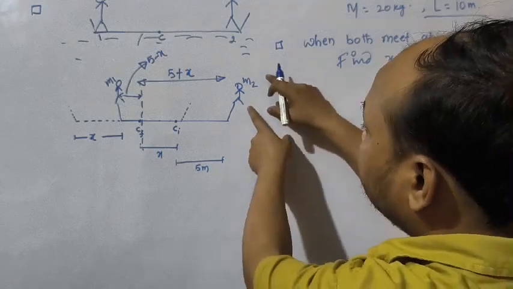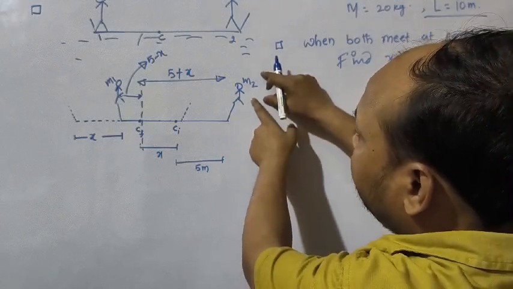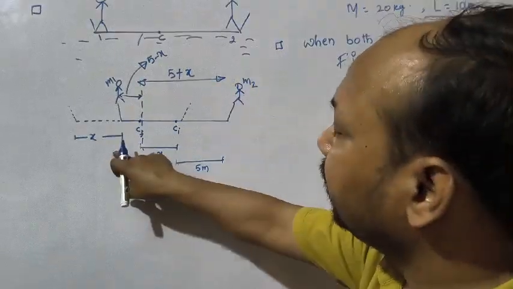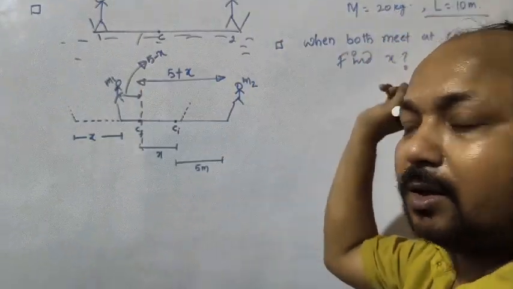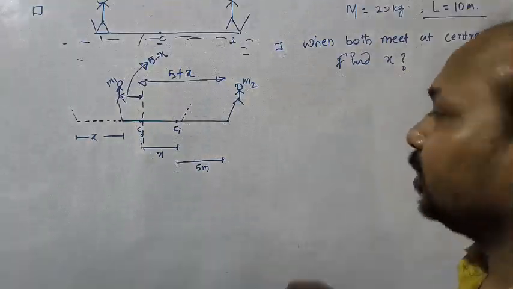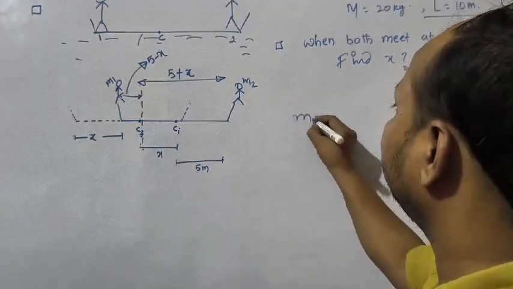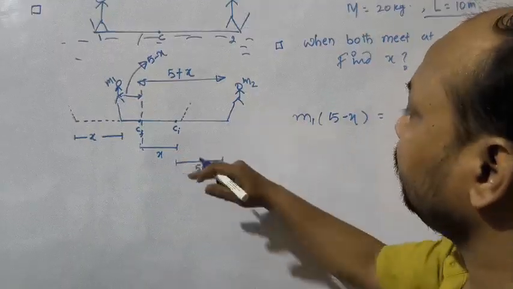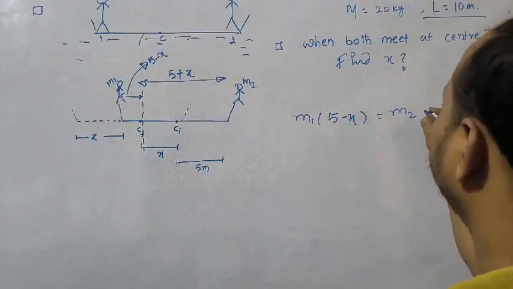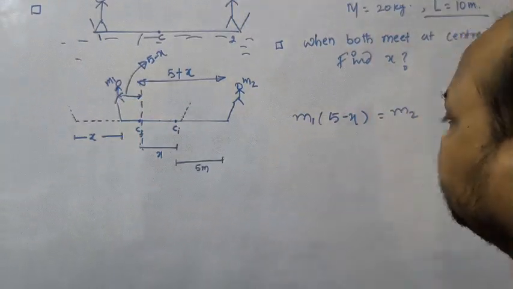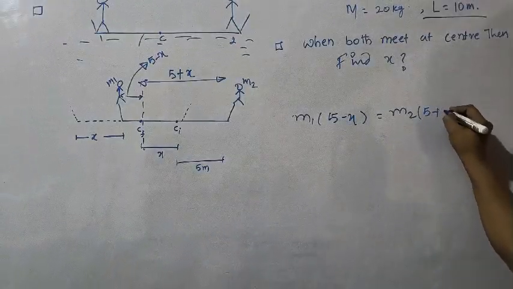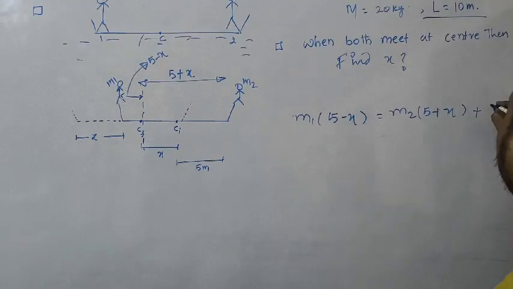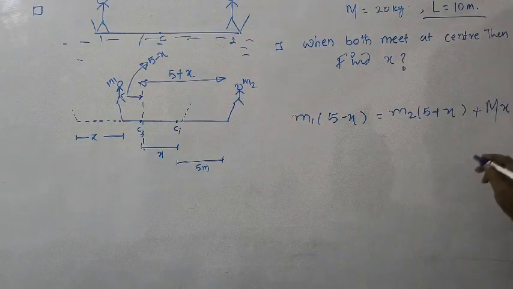So for the shifting, the shift of M2 and shift of boat we will write along together, and M1 we will write on the other side of the equality. So M1 into 5 minus x is equal to M2 into 5 plus x, plus capital M, the mass of the boat, into x.